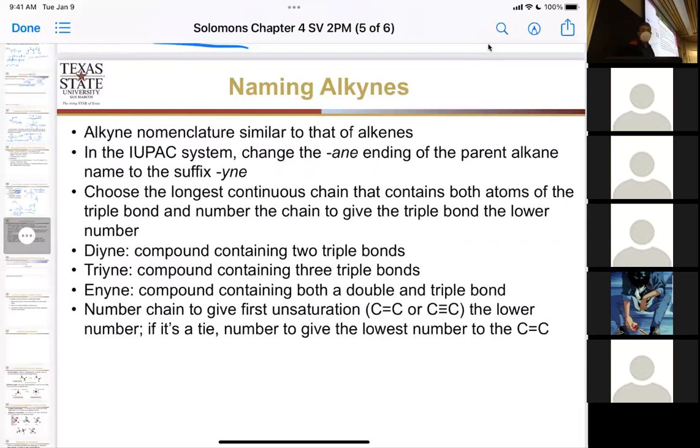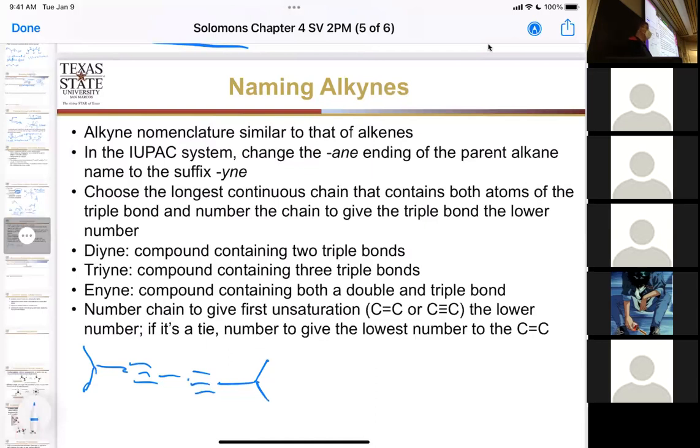Diyne, triyne. So we can actually end up with some crazy structures like this right here, but we know how to name it, right? Because we have 1, 2, 3, 4, 5, 6, 7, 8 carbons.